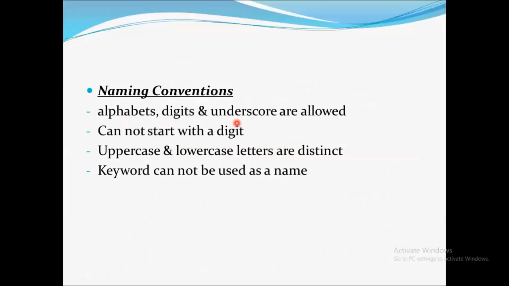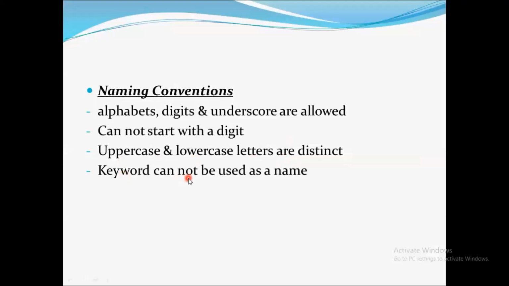So a variable name must be a combination of alphabets, digits, and underscore. It cannot start with a digit. Any variable name or identifier name cannot start with a digit. Uppercase letters and lowercase letters are distinct. That means you can have the same letters, like let's say you have a capital C and a small c together inside a variable name. They have a distinct value.